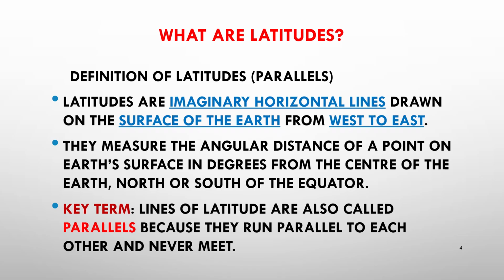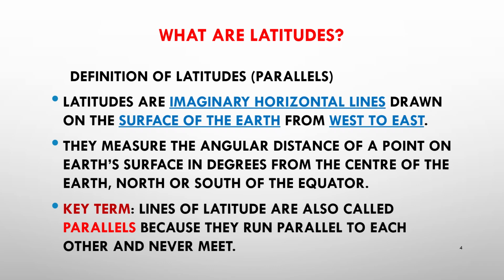If you were to trace a line of latitude, you will move horizontally around the earth, going from west to east. This is important because it distinguishes latitude from longitudes, which run in a different direction. As I said earlier, we will explore that in our next lesson.